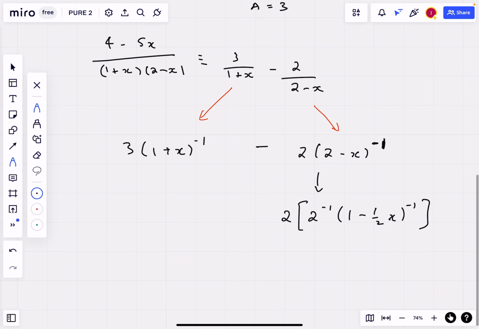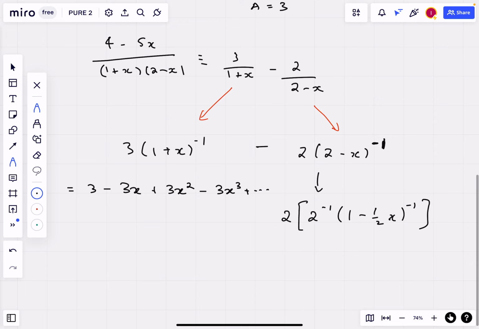After applying the binomial expansion to the first bracket and after timesing everything by 3, you should have 3 minus 3x plus 3x squared minus 3x cubed. Usually, they only ask for the first 4 terms, or they only ask you to work up to the x cubed term.